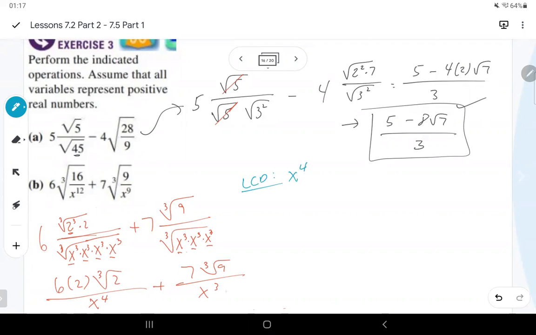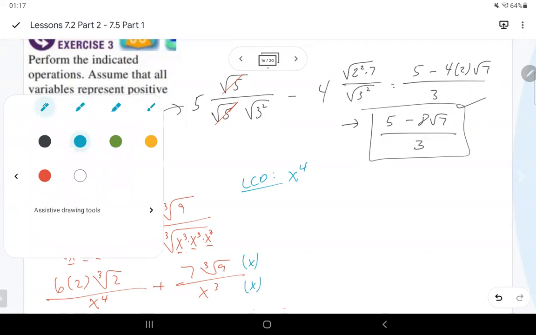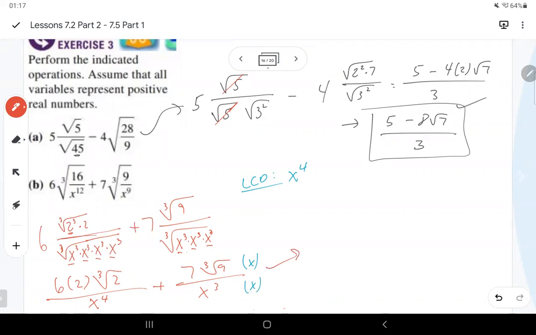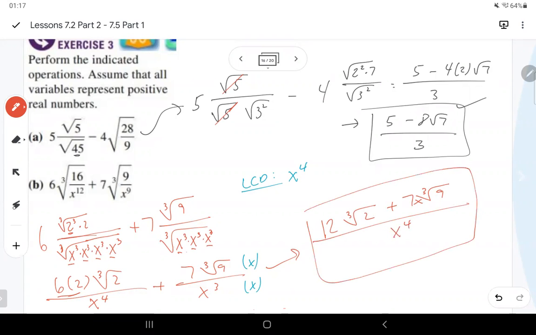So that just means that top and bottom here need another x. So that would make it 12, because 6 times 2, 12 cubed root of 2 plus 7 cubed root of 9. We need an x here, 7x over x to the 4th. And we're done. Right. And that's it.